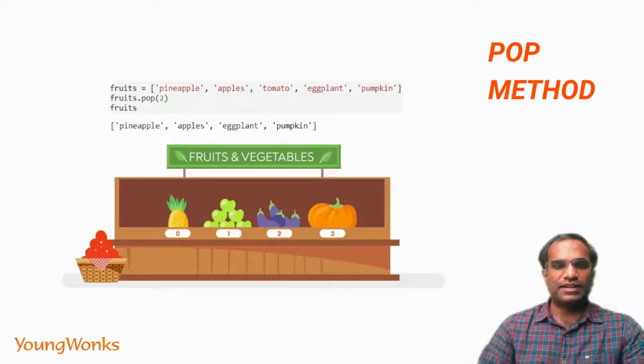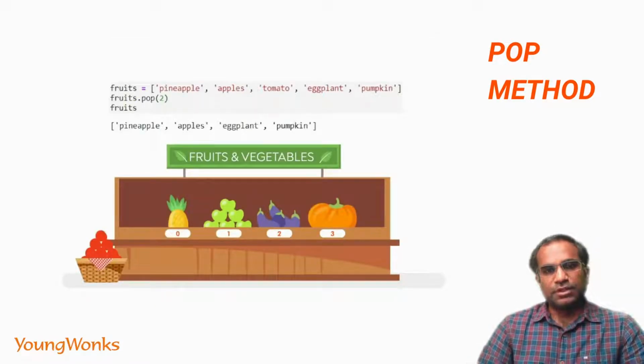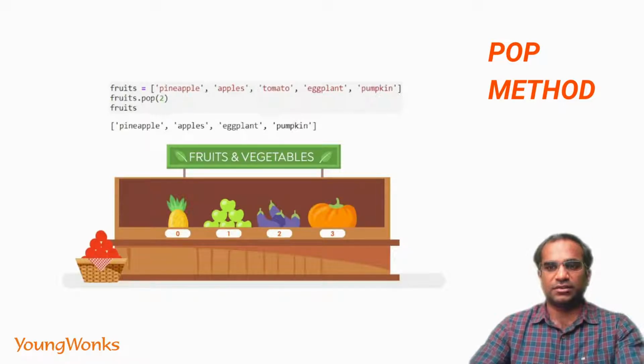Another way to remove items from a list is the pop method. This method takes an index and removes the element at that index. Now, if you don't provide an argument to the pop method, then it will always remove the last element in the list. Let's take a look.